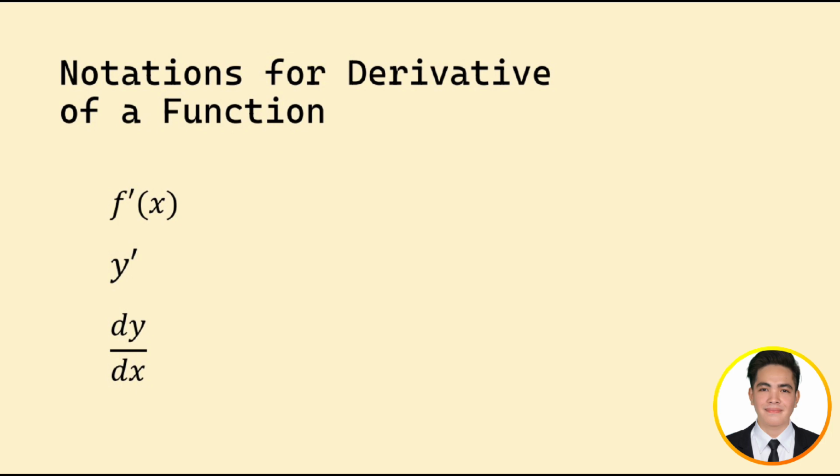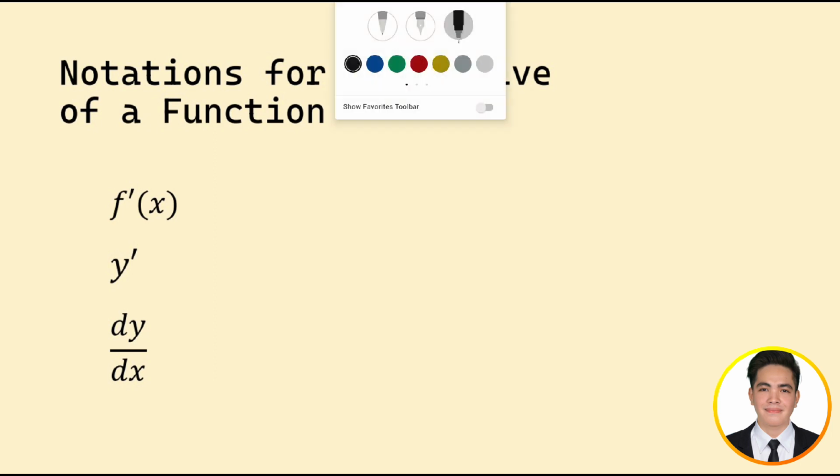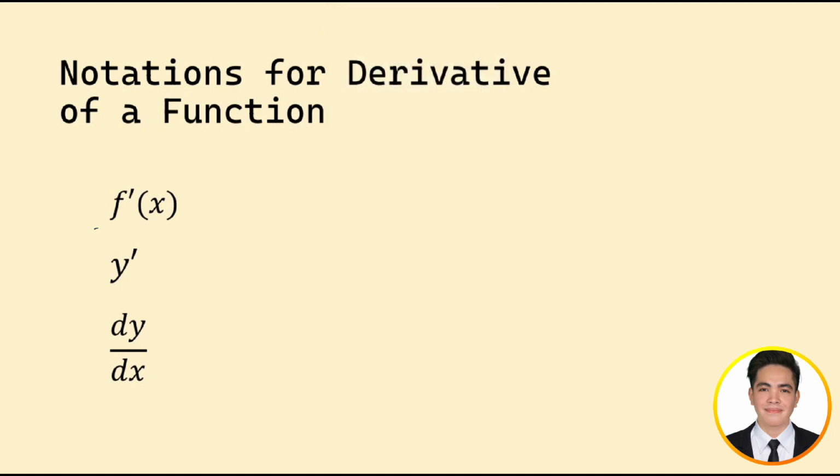So here are the notations for derivatives of a function. We can write first, let me annotate, we can write like this one. This is read as f prime of x. So let me write this here. This notation, you can read this as f prime of x.